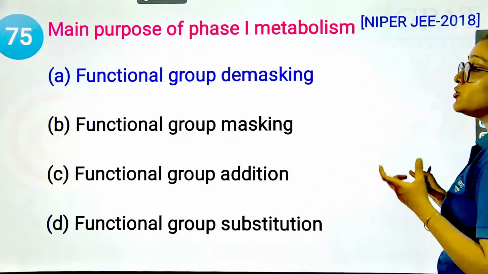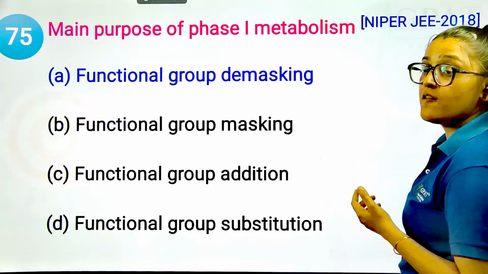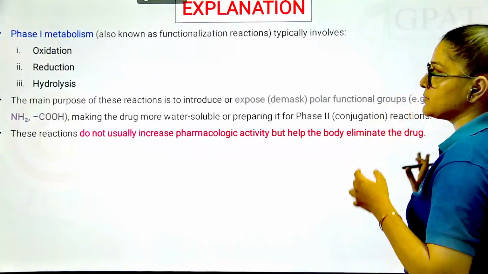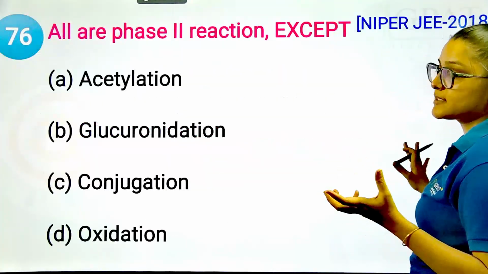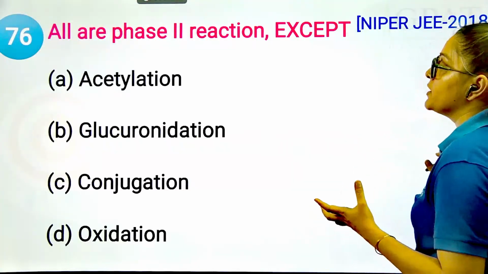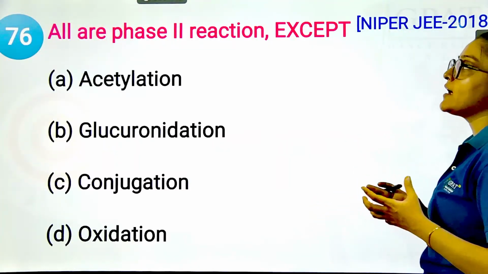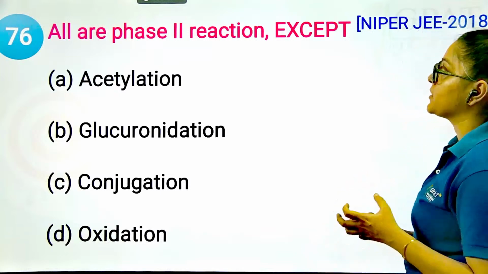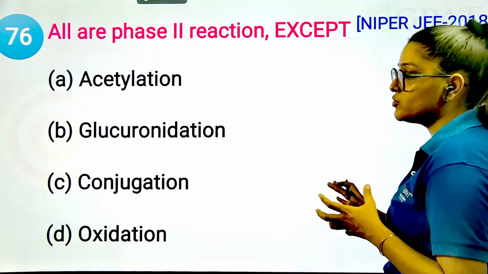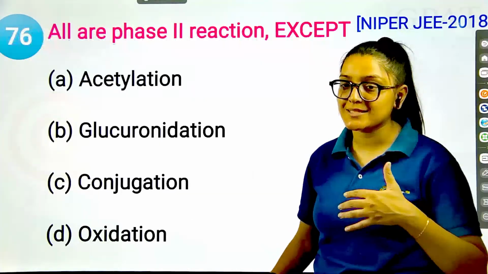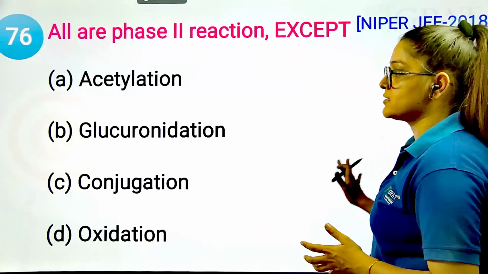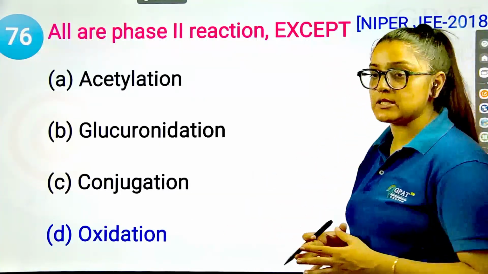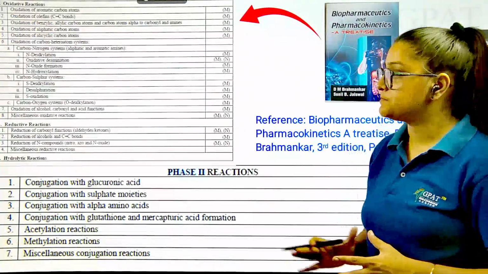So, those are synthetic reactions and these are functional group demasking, which means exposing the functional group, right? Next, all are phase 2 reactions except, so phase 2 reactions do not involve oxidation as we just discussed, right? So option D here is the correct answer.